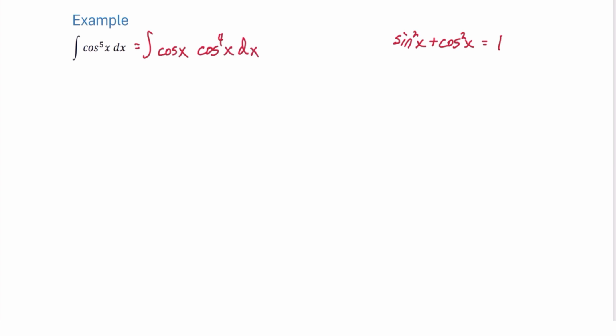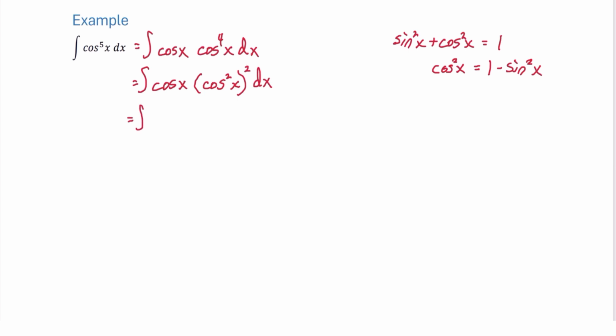This time we're replacing the cosine, so if we solve the identity for cosine, cosine squared x equals 1 minus sine squared x. So we have cosine x, and I'll show an extra step here. You may see this automatically. We have cosine squared x squared dx.